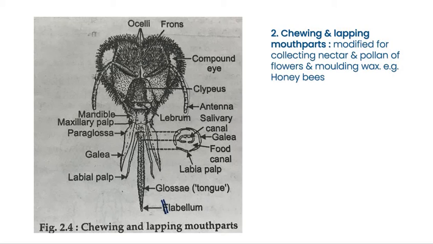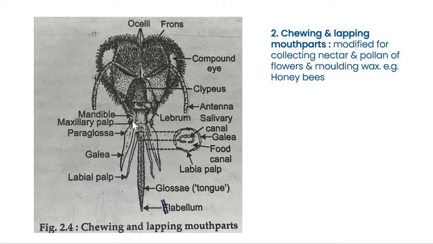Now, in the honeybee, chewing and lapping type of mouth parts are present. These mouth parts are found in some Hymenoptera and are modified for collecting the nectar and pollen of flowers and molding the wax. They serve for both biting and licking. The labrum lies beneath the clypeus and the fleshy epipharynx projects below the labium.